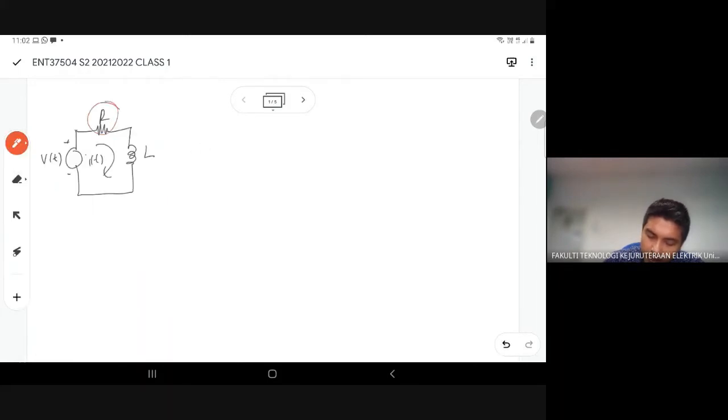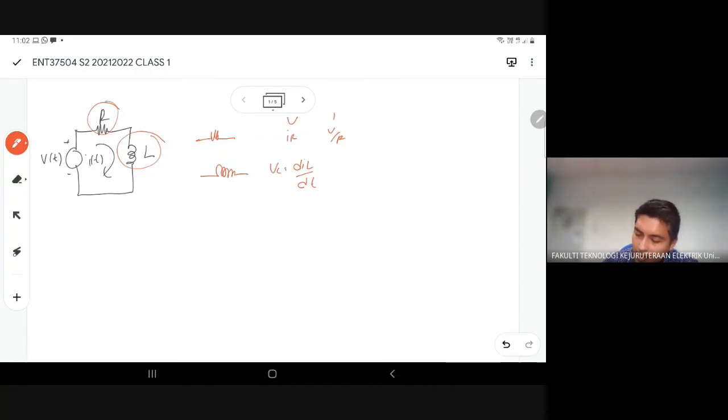The first component is R, the second component is L. According to the formula for the resistor and also for the inductor, we can see that V equals IR and then I equals V over R for the resistor. And then for the inductor, VL equals L times dIL over dt.